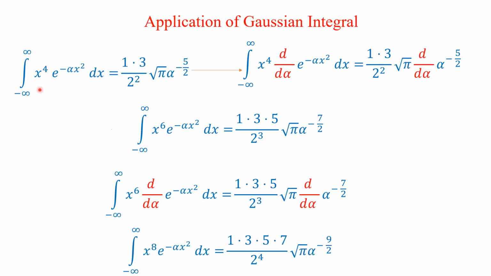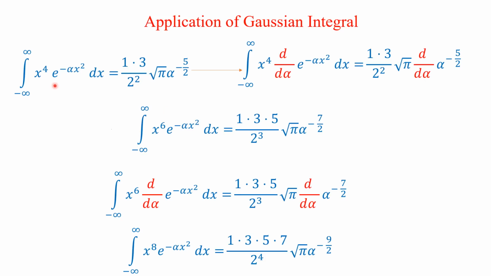Now we got integral x power 4 e power minus alpha x square dx is equal to 1 dot 3 divided by 2 square root of pi alpha power minus pi by 2. So now you differentiate again with respect to alpha, both left hand side as well as right hand side. If you differentiate here, you will get minus x square.